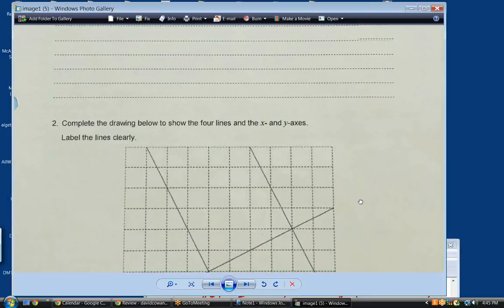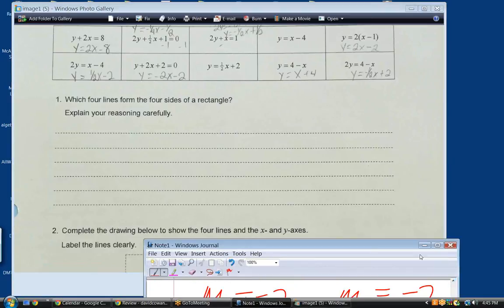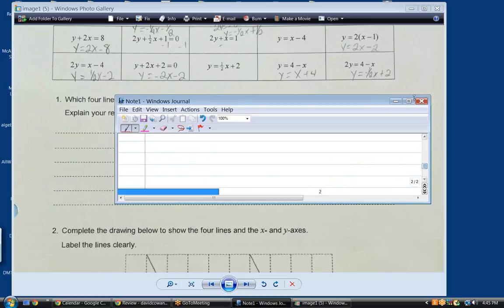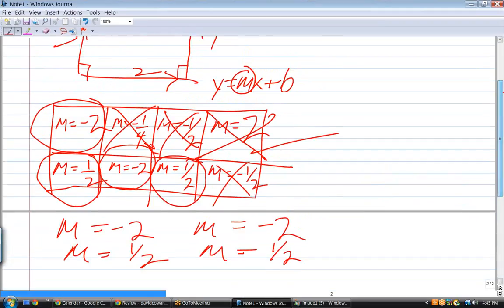So let's have a look at the two equations. What did we decide they were? I'm not sure I can figure out which side of the line they're on, but I might be able to. Hold on a second. So the top left and the bottom left are our lines.